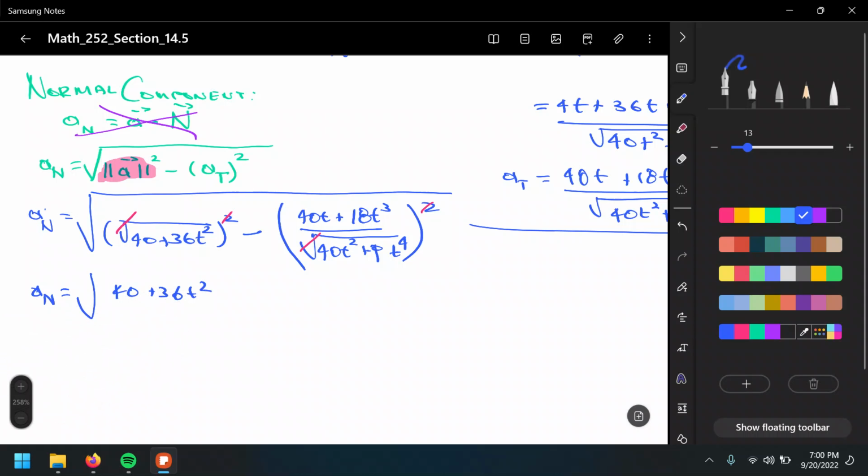Okay, I'm going to leave a space here for a second. You'll see why. This quantity 40t plus 18t cubed squared, and well, because we canceled this radical with the power 2 from the formula, that just becomes 40t squared plus 9t to the fourth. So that's under the radical.